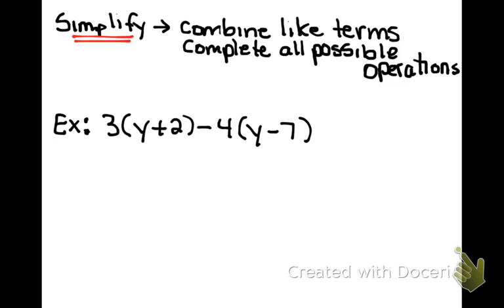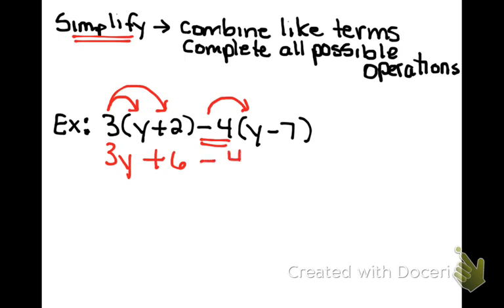So when we have the constant or a term in front of the parentheses, we're going to use our distributive property. So 3 times y is 3y. 3 times 2 is 6. This sign in front of the value goes with it, so it's negative 4 times y is negative 4y, and negative 4 times negative 7 is a positive 28.